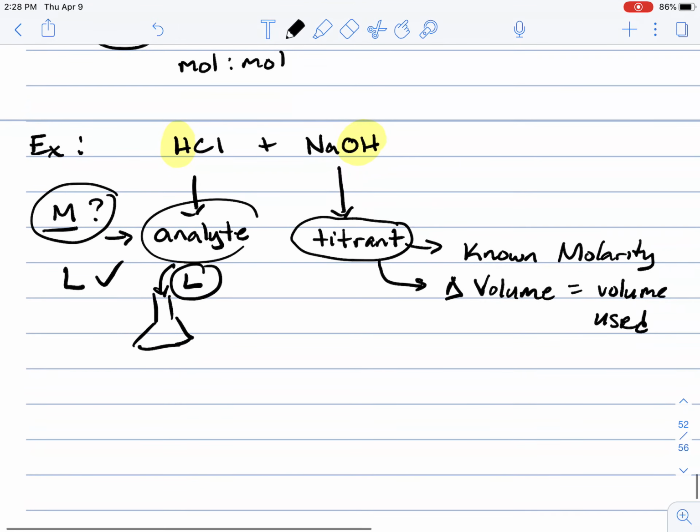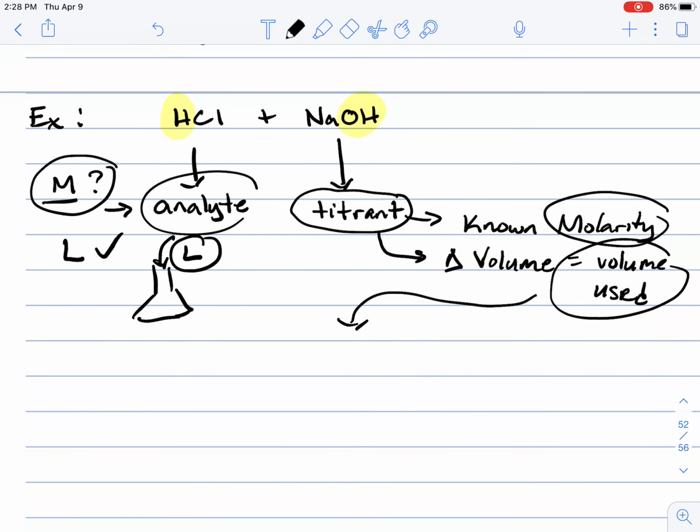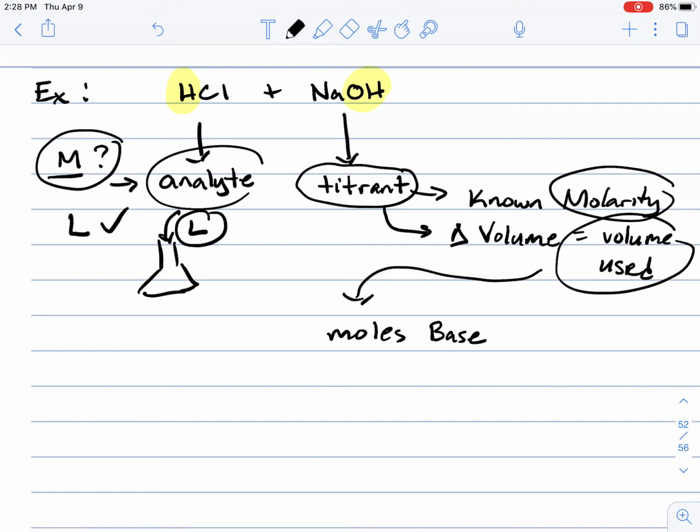And so if you take the concentration and multiply it by the change in volume, what you get is the number of moles of the base. Let's just say in this example, we used 3 moles of the base.